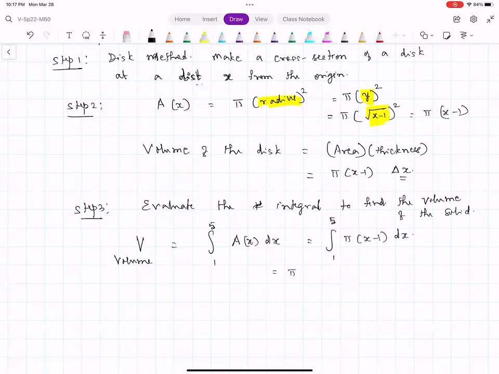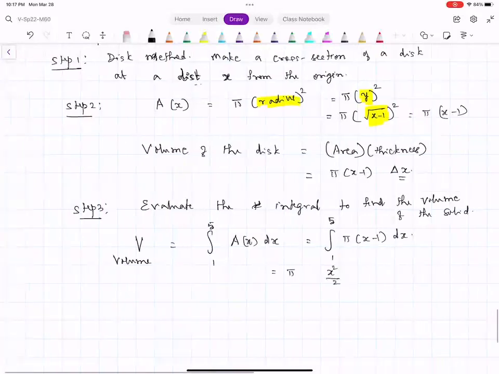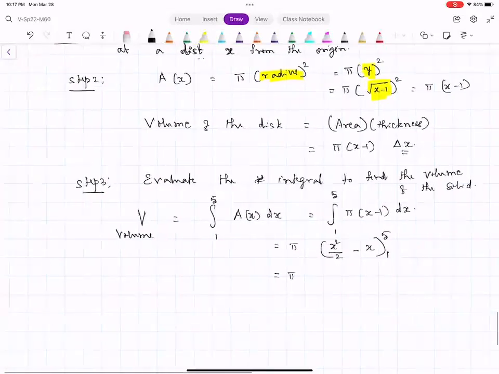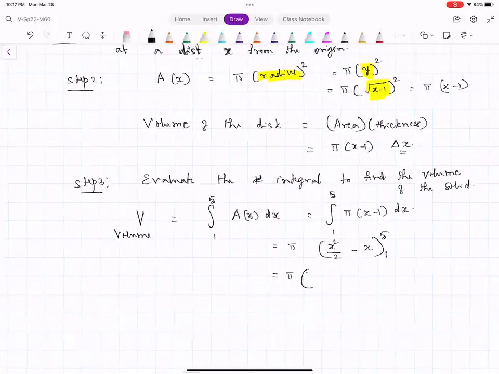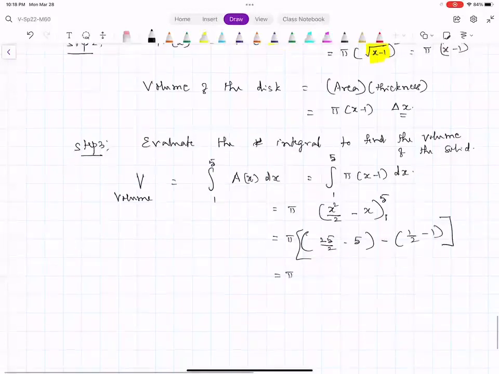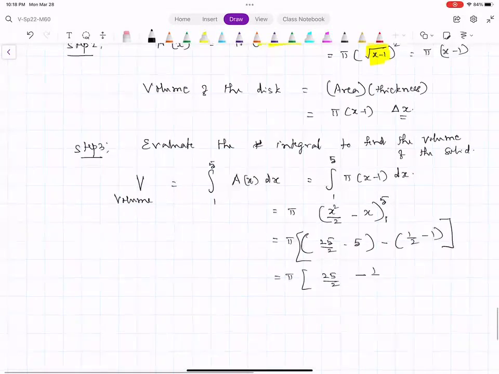Pi can be taken out. The integral of x is x squared over 2, and the integral of 1 is x, between 1 and 5. So it is pi times, for the upper limit, 25 over 2 minus 5, and for the lower limit, 1/2 minus 1. That is pi times 25 over 2 minus 5, minus 1/2 minus 5 plus 1.